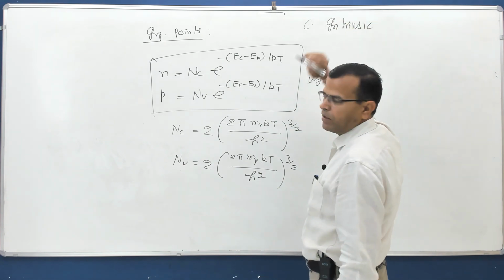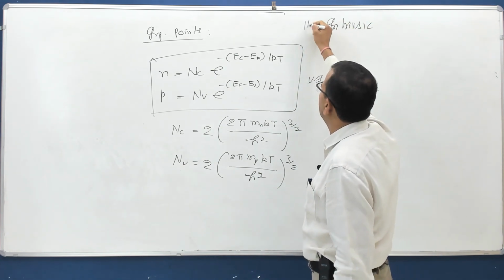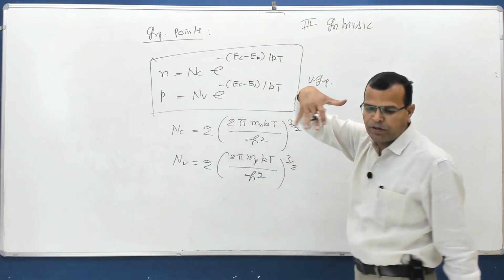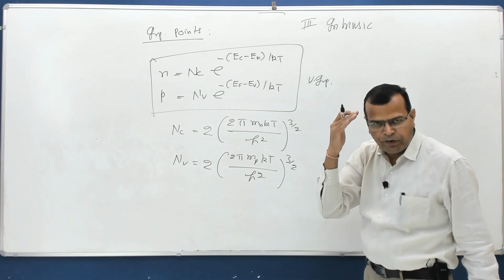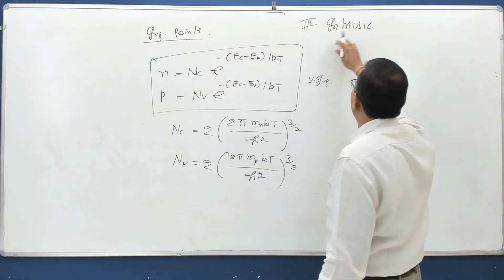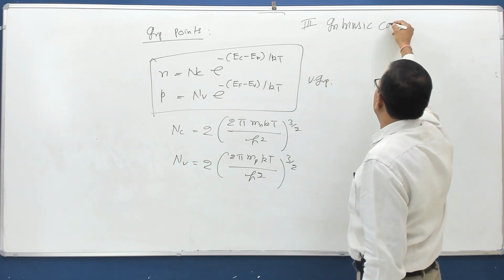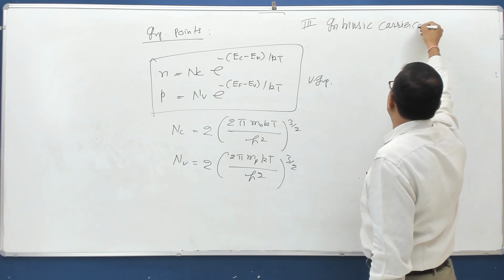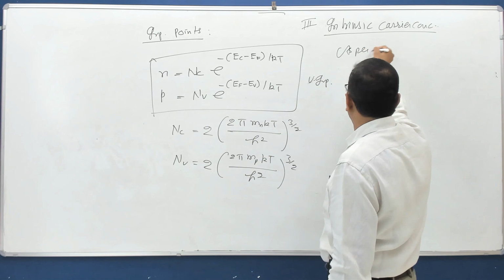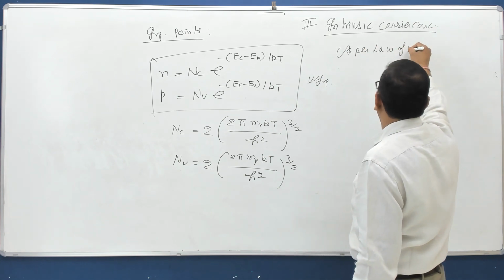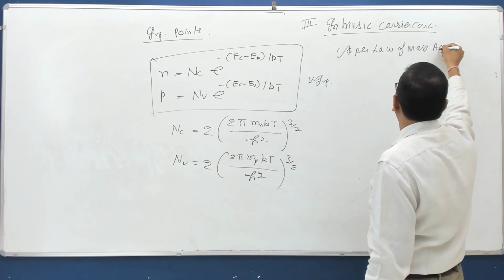That is the third part. I have discussed two parts: concentration of electrons in conduction band, concentration of holes in valence band, and third is intrinsic carrier concentration. And we know, as per law of mass action, what do we have?